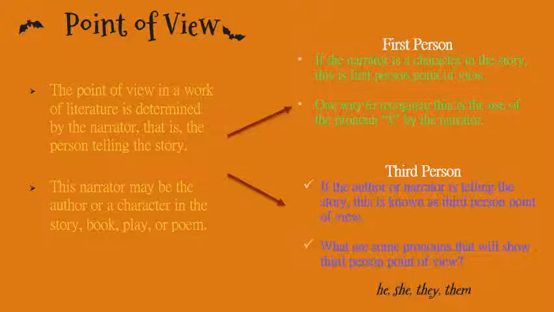But if the narrator is telling a story that happened to someone else, it is third person point of view. And in the third person point of view, what are some of the pronouns that will show third person point of view? The use of the pronouns he, she, him, her, they, them, okay, theirs, hers, his. All of these pronouns show that it is third person point of view.